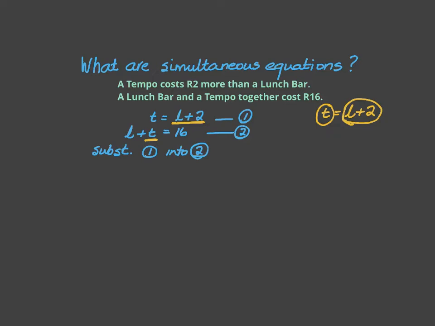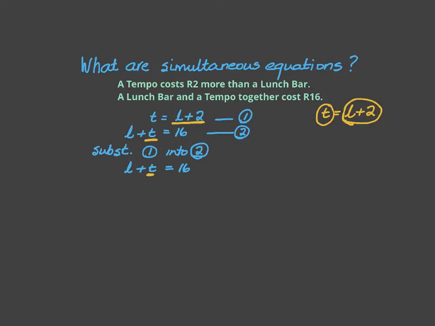So I write down equation 2, L plus t is equal to 16. And then instead of t over here, in the next step, I am going to write down L plus 2. And I can do that because t and L plus 2 are equal.